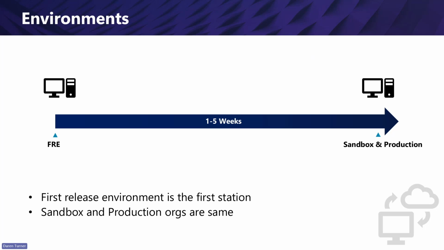So one thing I do want to call out is that your sandbox environment, which would be like your dev or your test environment, is going to be in the same station as your production environment. So when we talk about Microsoft releases, you don't get an early preview in your sandbox, your dev or UAT environment. The only way you can get early access to that would be the first release.